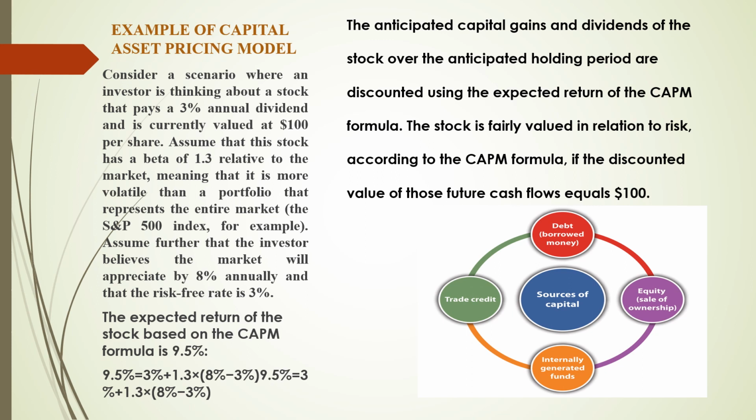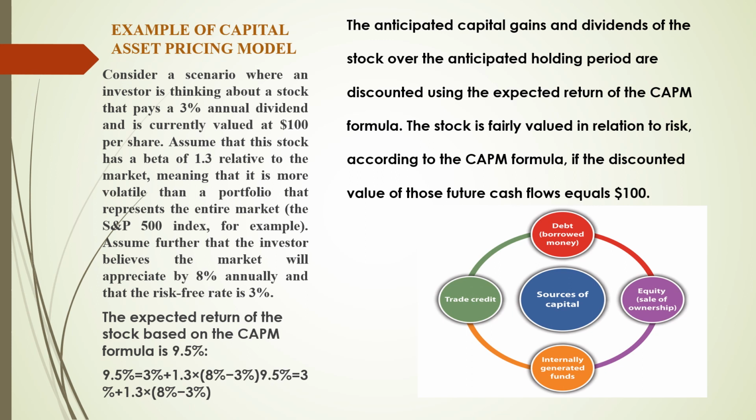So how will it be calculated? The capital asset pricing model will be calculated on the following basis. That is, 9.5% is equal to 3% plus 1.3 times (8 minus 3), that is the annual rate minus the risk-free rate of 3.